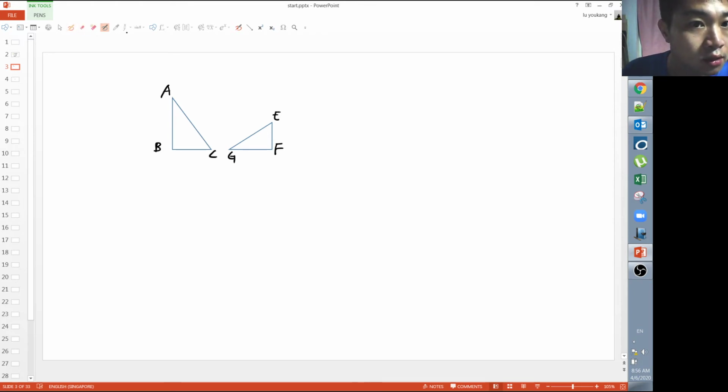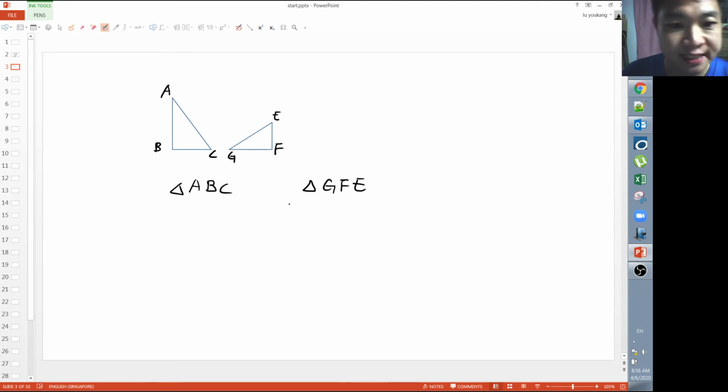What you need to do first is match point to point between the two triangles. So if you call this triangle ABC, you also need to call this triangle GFE.